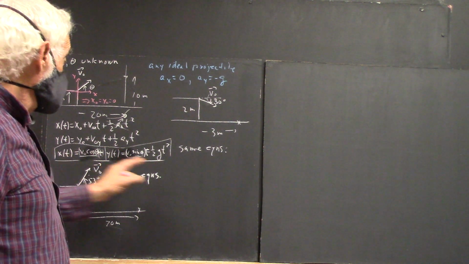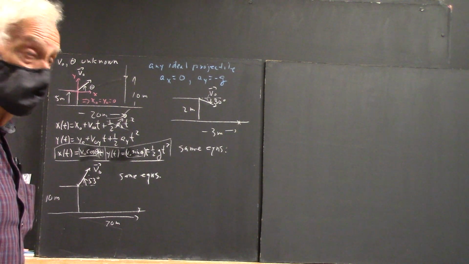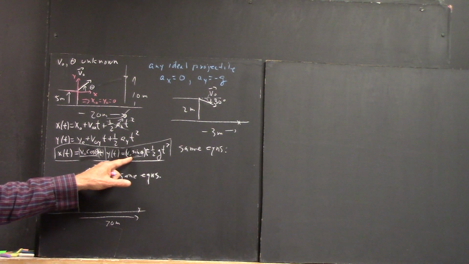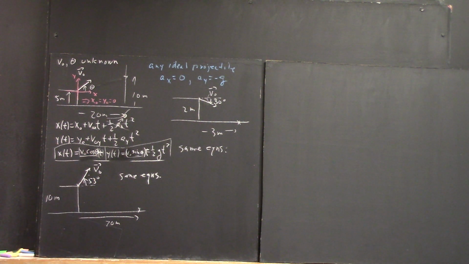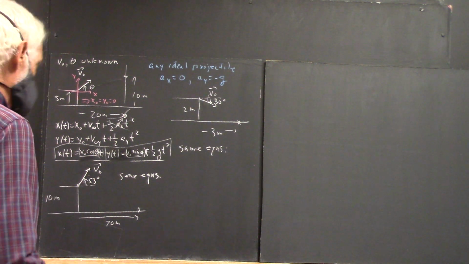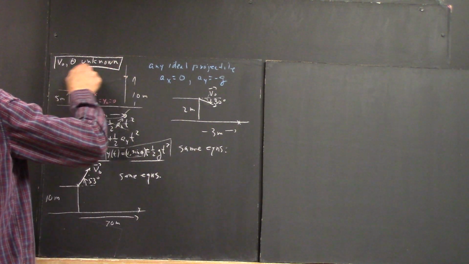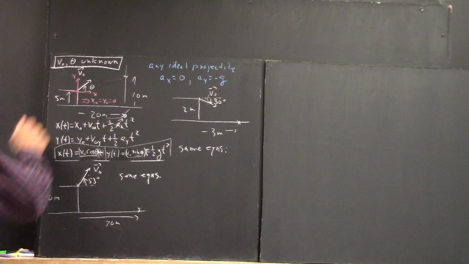Now, you've got two equations. How many unknowns? v naught is unknown, and theta is unknown. v naught and theta are unknown, as we said up here.